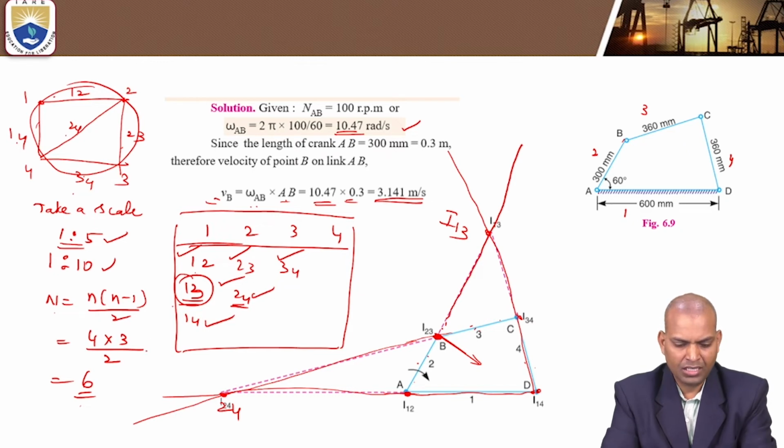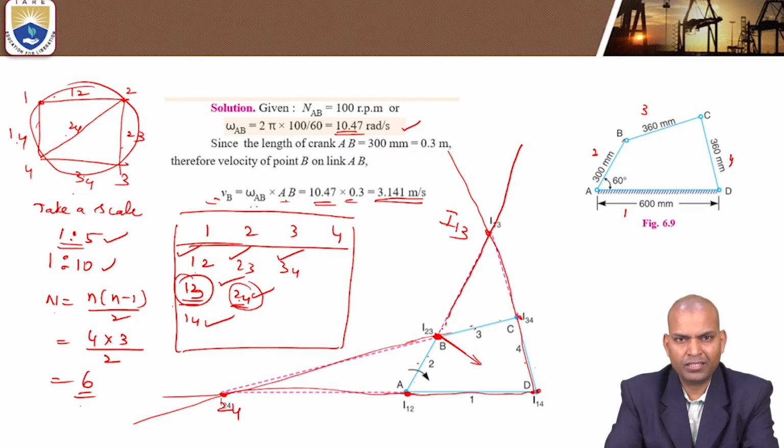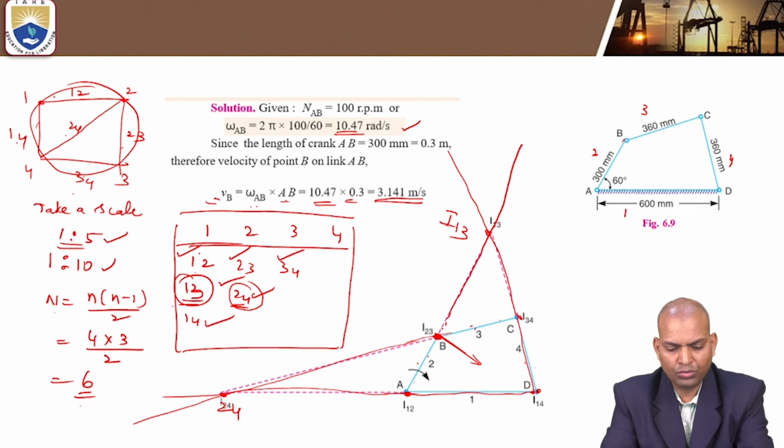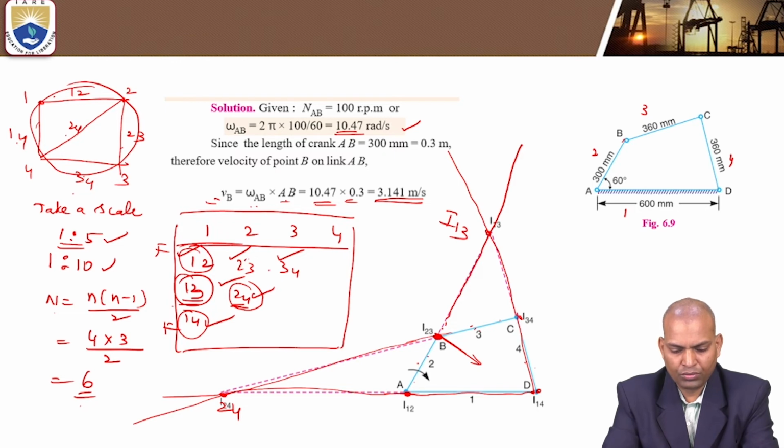In the table of number of links versus I centers, 1,3 and 2,4 come under the category of neither fixed nor permanent I centers, 1,2 and 1,4 are fixed I centers, and 2,3 and 3,4 are permanent I centers.